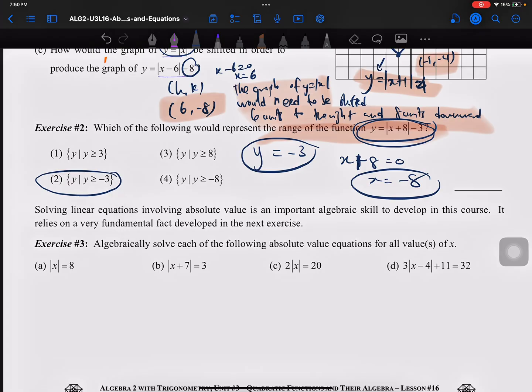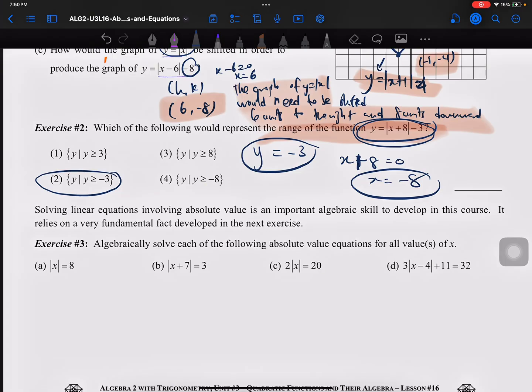Okay, question 3 asks us to isolate the absolute value and then check the right side. If it's negative, no solution. Write two cases: inside equals the right side, or inside equals the negative of the right side. Solve both and check, especially if variables are on both sides.